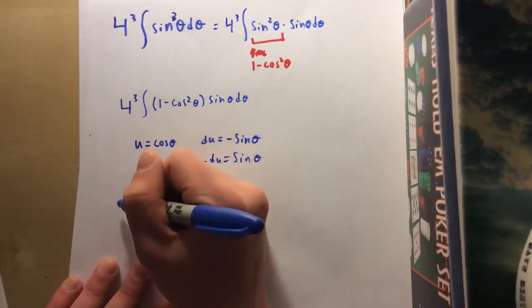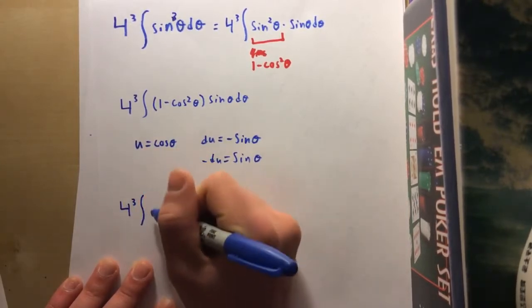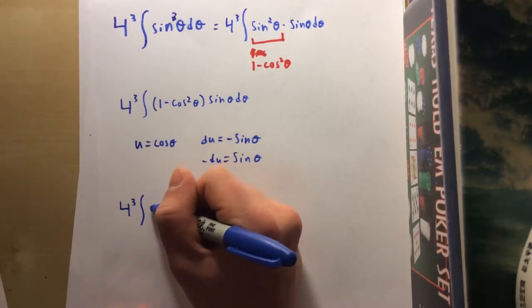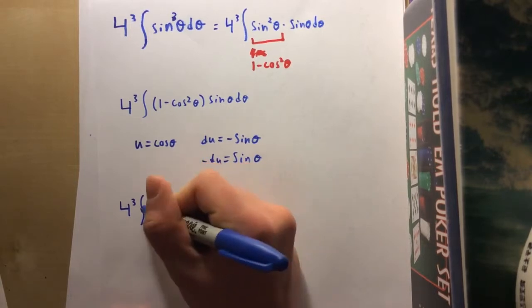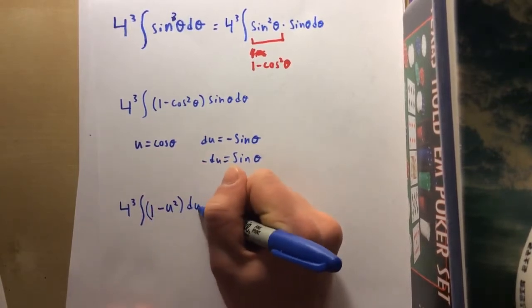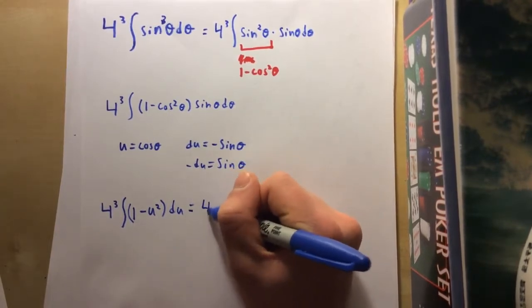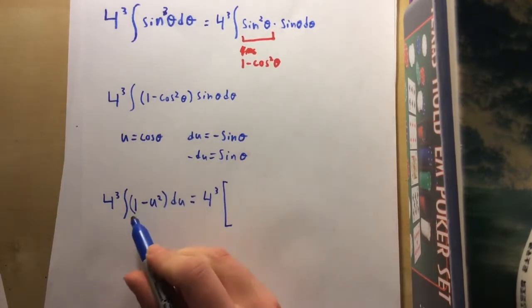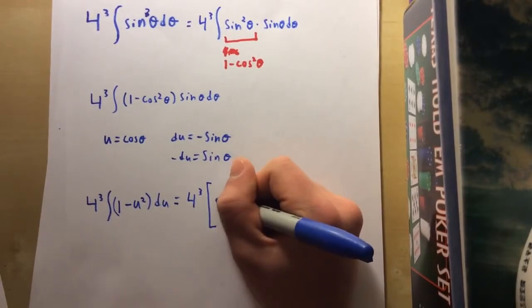So let's rewrite that. And then we just get the integral of 1 minus u squared du, which is pretty easy to integrate. So we have 4 cubed. And the integral of 1 in terms of u, well, that's just u.